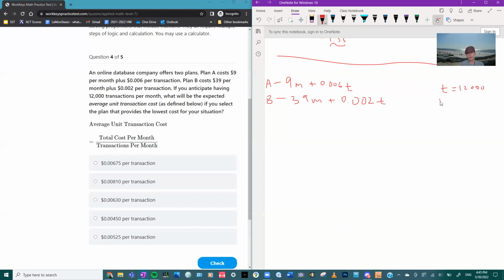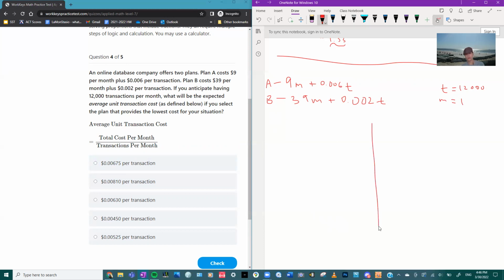And if it's just for 1 month, M is 1. And it's asking, using this equation, what would be the lowest cost situation?